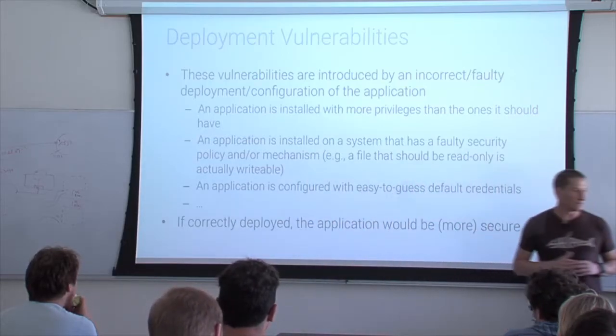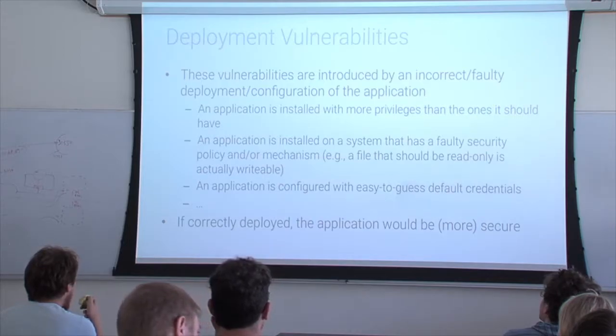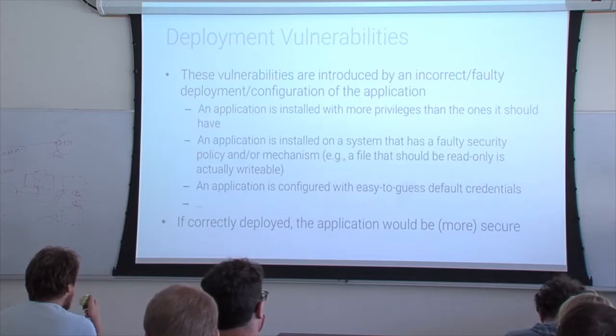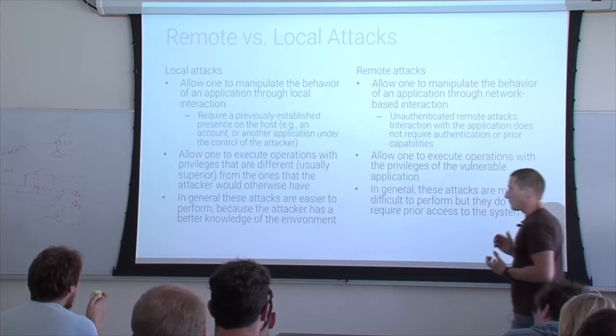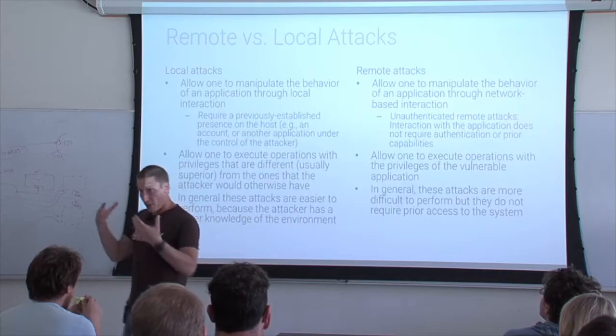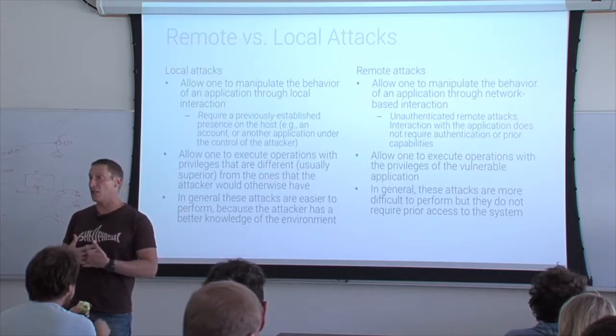Apart from vulnerabilities in design, implementation, and deployment, another important way to look at attacks and vulnerabilities is remote versus local. In a local attack, you have presence on a host, and what you're trying to do is achieve an increase in privilege.